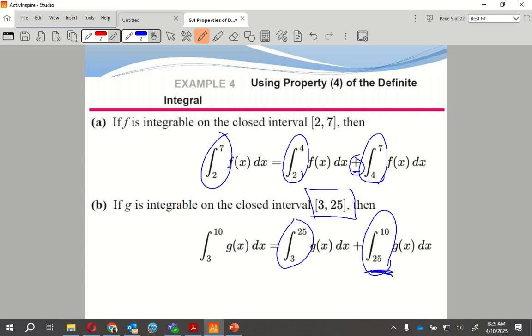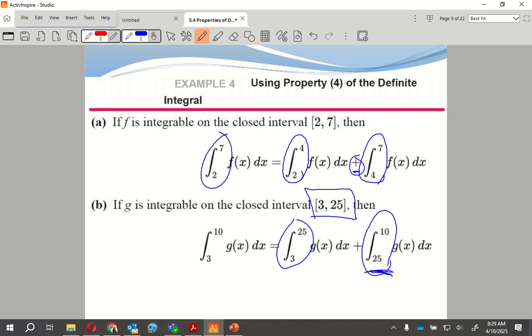It was in one of the notes. Absolute value. Nope, not the absolute value. Good thought. The bounds will take the negative. There we go. Flip the bounds and change it to negative. Because that means I'm starting at 25, then I'm going to 10. So that means I'm starting at the far end and going to 10. So I'm going backwards.